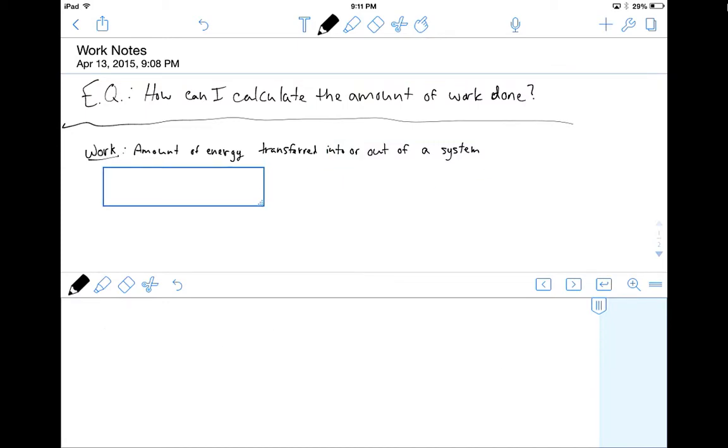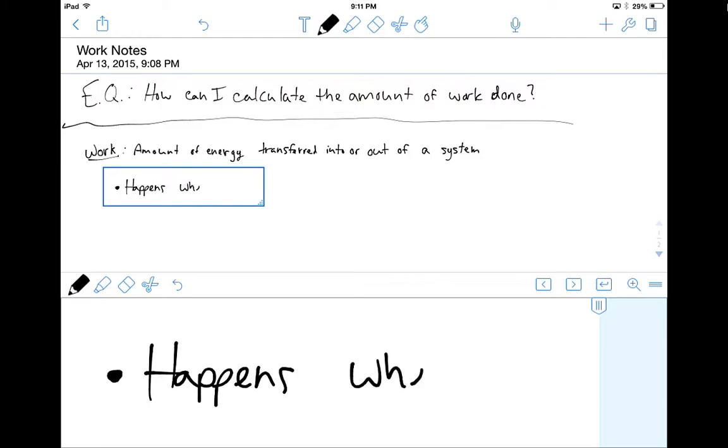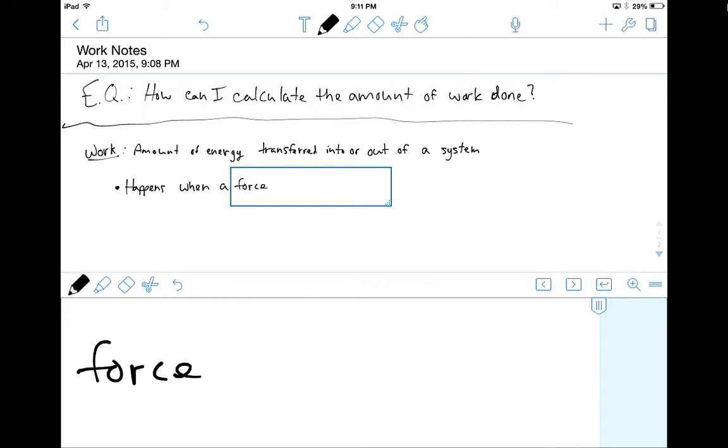Beyond that, I want to add this second little note. The way that we recognize work is that work happens when a force moves something.